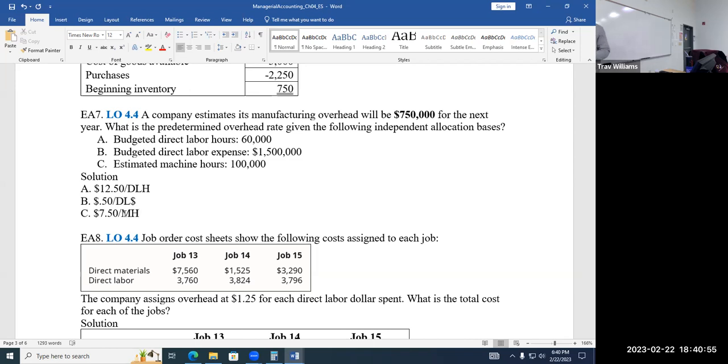And the reason you do that is then you know for every job, you've got a reasonably accurate estimate of what the overhead costs are associated with that job. Because if you didn't do this, how would you know how much electricity cost went to a particular job and how much supervisor salary to apply to particular jobs, right? Those things are just too hard to allocate. So this is how we do it. Okay, any questions on exercise 7?